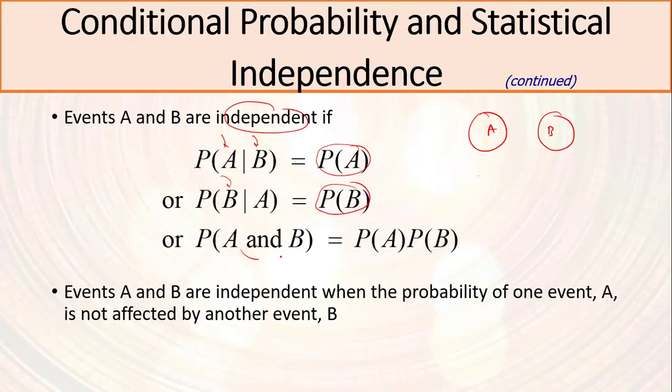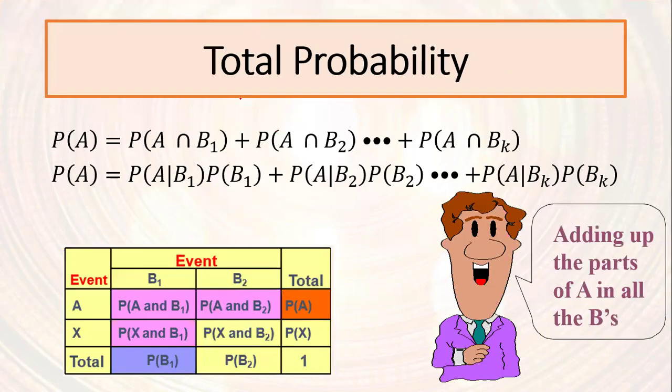A and B, so just multiply them because they are independent. So one event is not affecting the other event. Only if it affects, then you will have intersection. These are intersections.